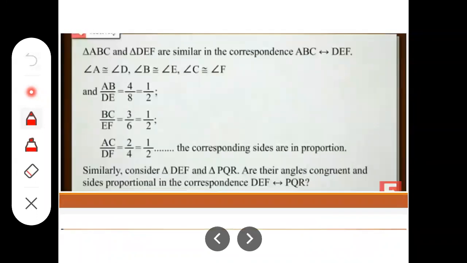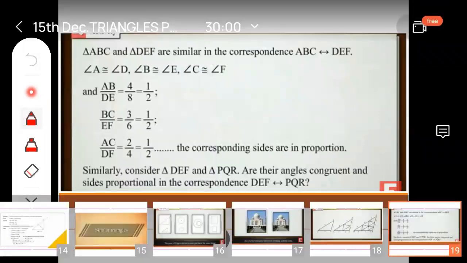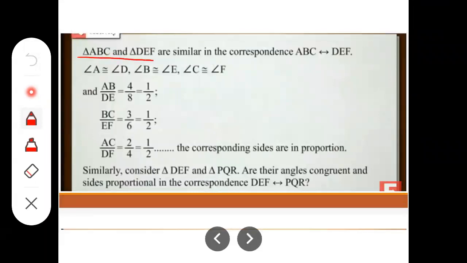Okay. Now here, regarding any two triangles, see triangle ABC and triangle DEF, if those are similar, meaning looking same, those are written as triangle ABC corresponding to triangle DEF.